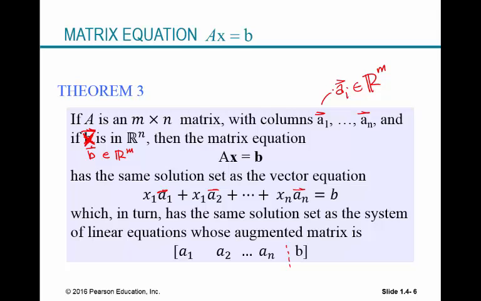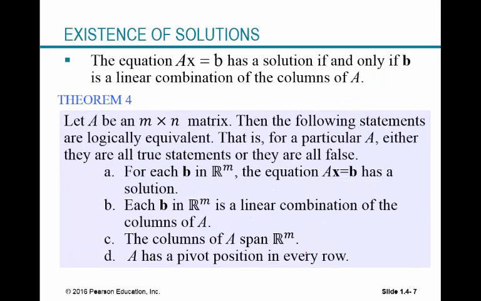All right. So what they're saying here is that whether you're dealing with a matrix equation, a vector equation, or whether you're trying to reduce an augmented matrix and solving for that augmented matrix, it's all the same thing. That's what this theorem is saying. All the same thing. Okay. And then it's also saying that it has a solution if and only if B is a linear combination of A. So this is the idea of a linear combination now.